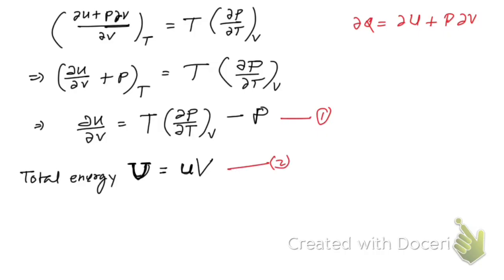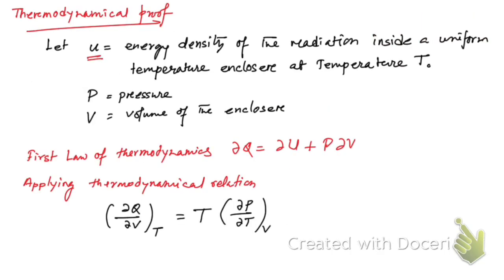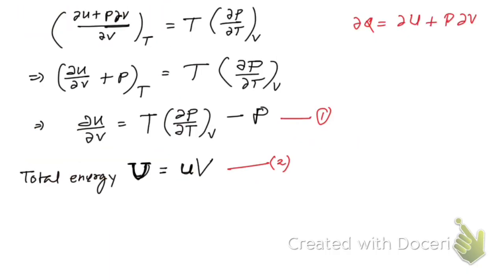Energy density is energy per unit volume, so total energy divided by volume gives the energy density. That's why total energy is equal to energy density into volume. Hope you have understood this.